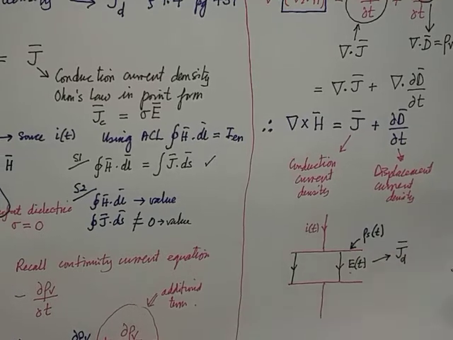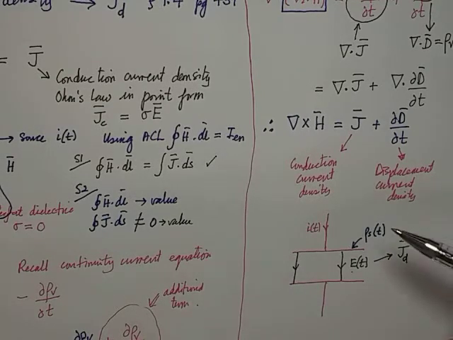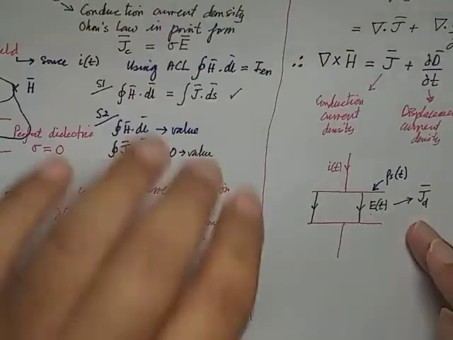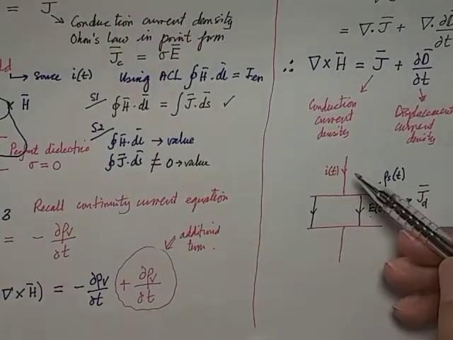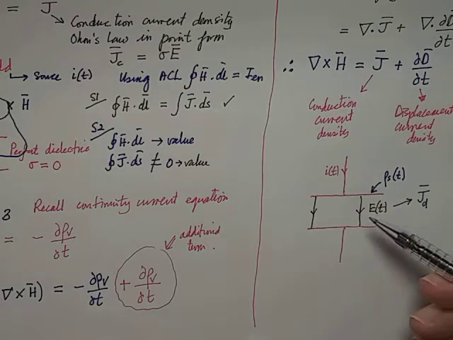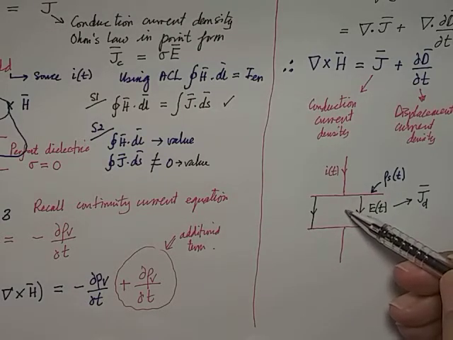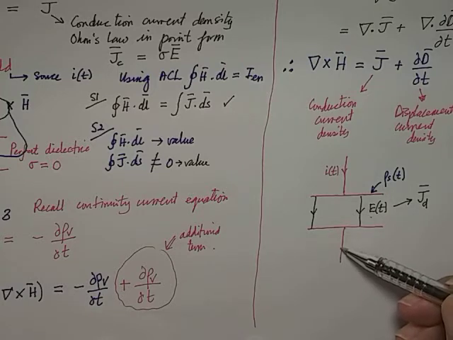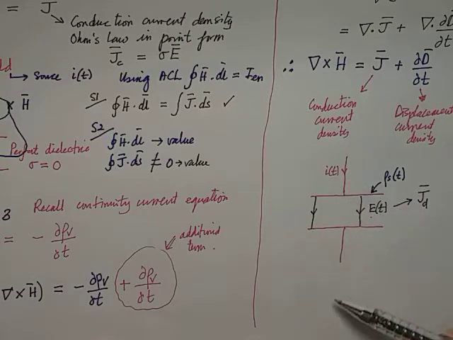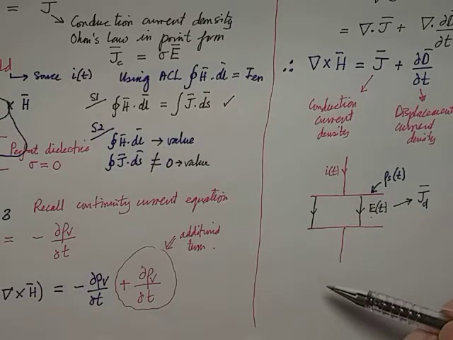So now you can see a complete cycle of continuity is complete in circuit theory. The current flow here is known as conduction current. The current flow here is known as displacement current. When you arrive at the conductor material, it is converted back into conduction current. So you can see continuity is happening, which has not been seen before.